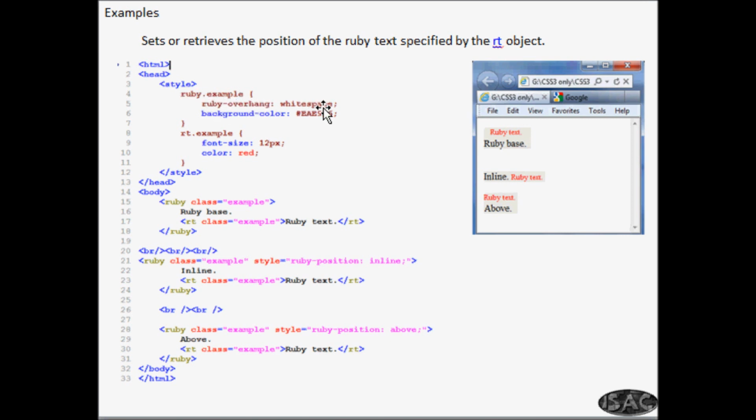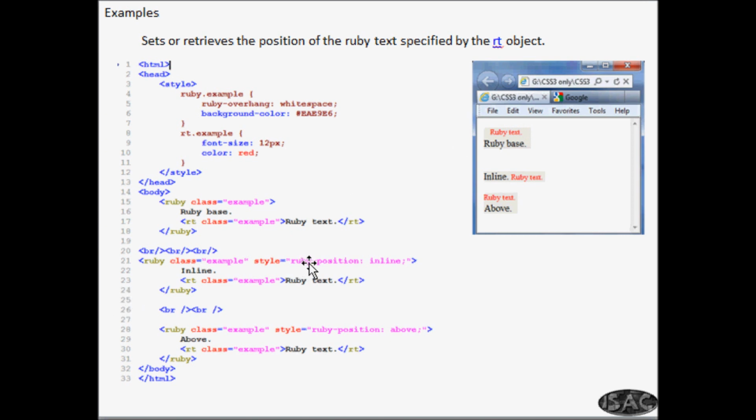So we can use here Ruby example, Ruby overhang, white space, background, the color of background. Okay. So here I'm saying example. I'm using example here. Now rt.example, so 12 pixel, color red. So here we are saying rt class example Ruby text. So what is happening here? You have noticed that this text is going on the top, right?